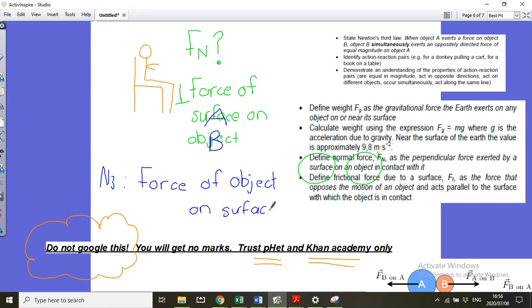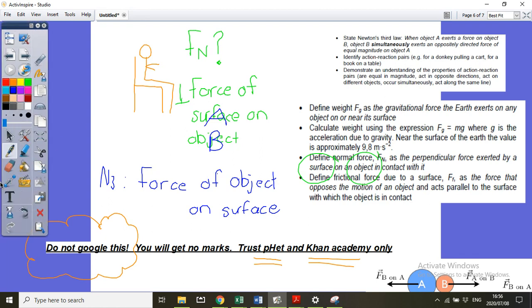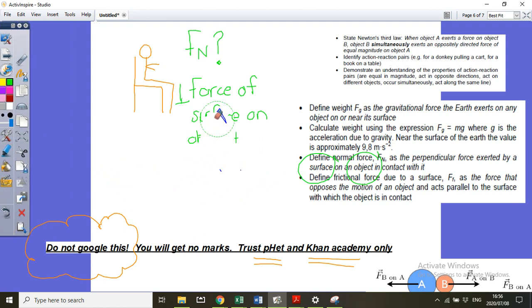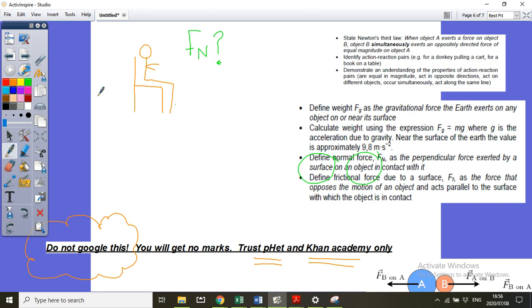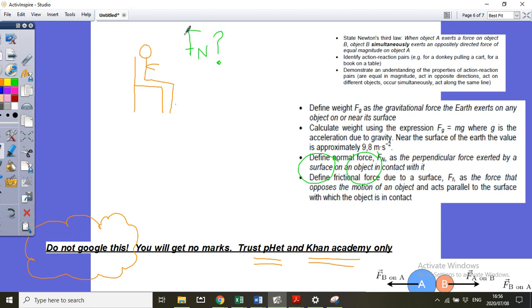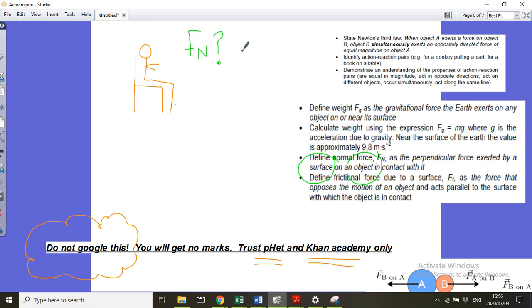So if we apply that to this question here, let's just use a more real type of example, because it's a bit wishy-washy if we do that. So if we say the normal force acting on me, okay, so what's the Newton 3 pair of the normal force acting on me? Again, what is the normal force on me if you forget about my feet? Here it will be the chair on KVS.